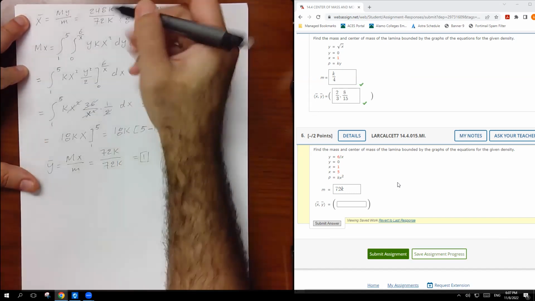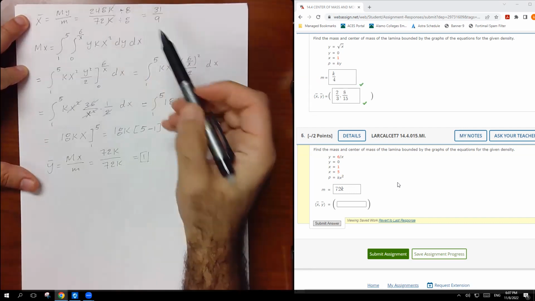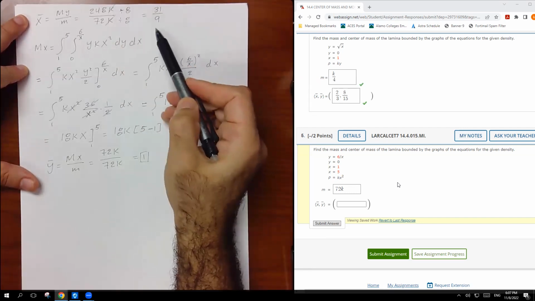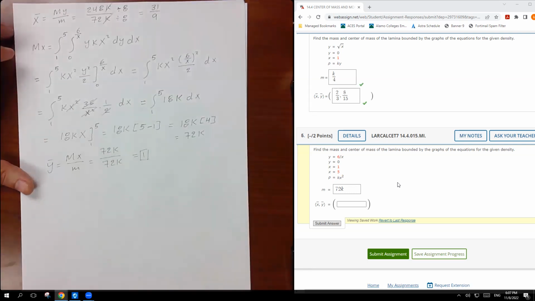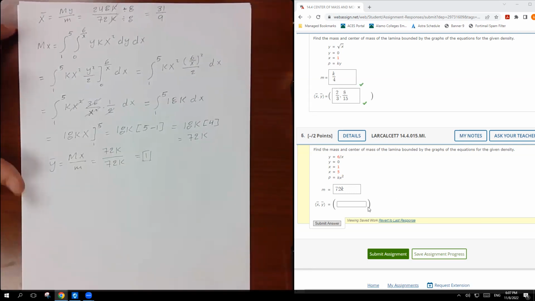Cancel the k with the k. Divide by 8 and we get 31, divide by 8 and we get 9. That means the first part, x bar, is going to be 31 divided by 9, and we have to put a comma.